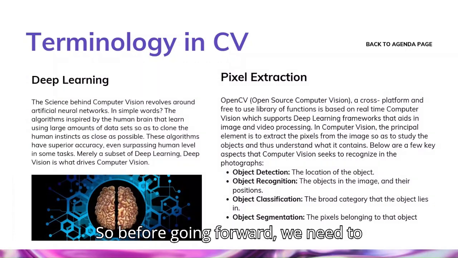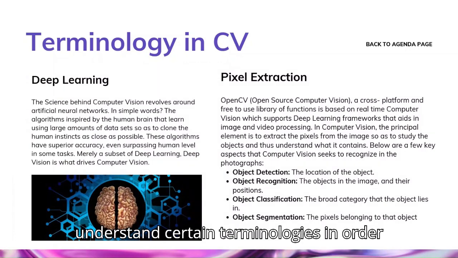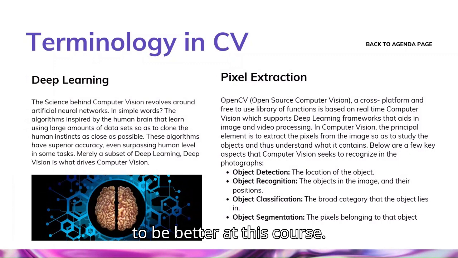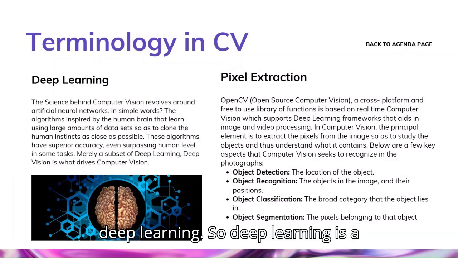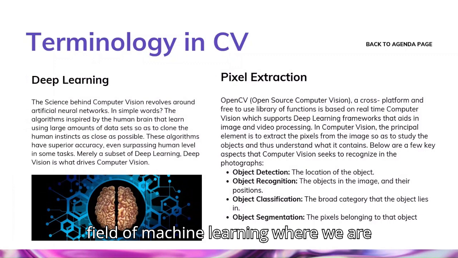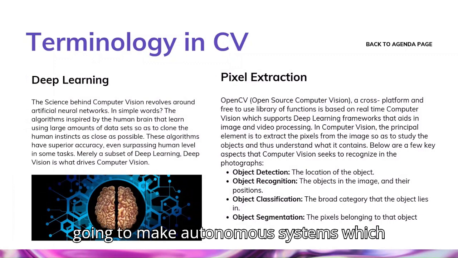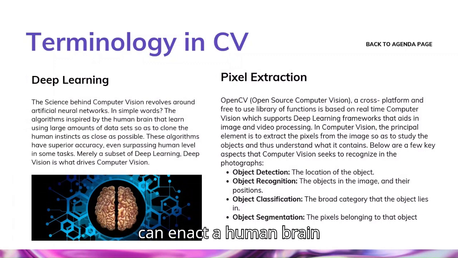So before going forward, we need to understand certain terminologies in order to be better at this course. The very first term is deep learning. Deep learning is a field of machine learning where we are going to make autonomous systems which can enact a human brain tendency like neurons and such.